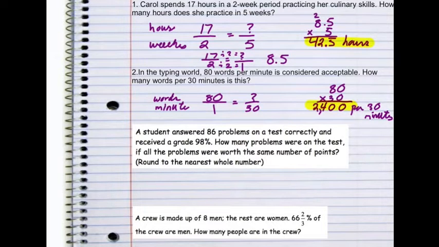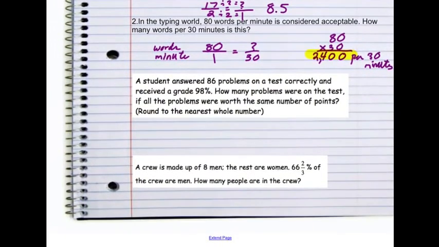Problem number 3 says a student answered 86 problems on a test correctly and received a grade of a 98%. How many problems were on the test if all the problems were worth the same number of points? First of all, I want to remind you that 98% means 98 out of 100.